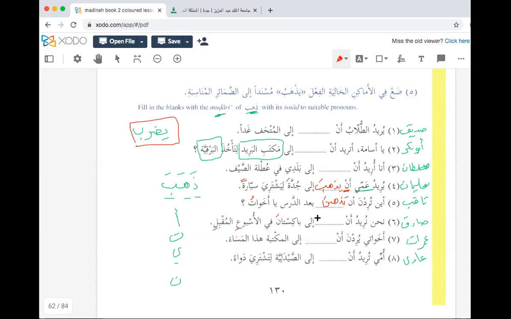This is نعت منعوت. نحن نريد أن نذهب. أحسنت. We want to go to Pakistan next week.